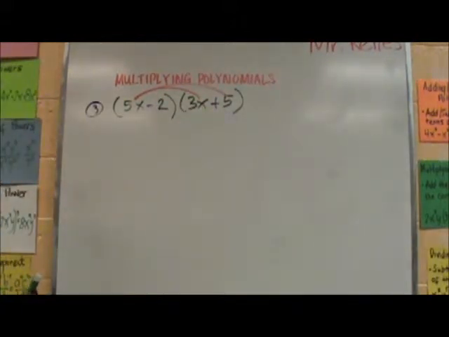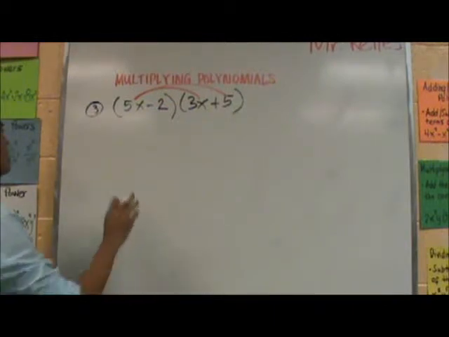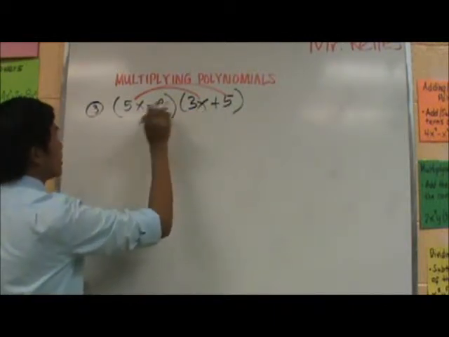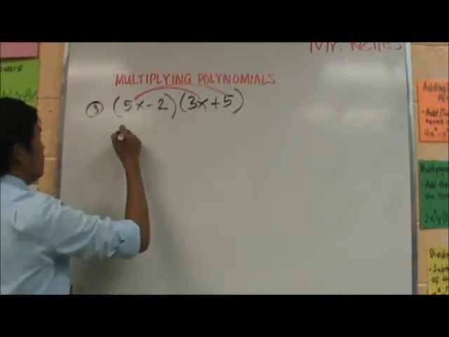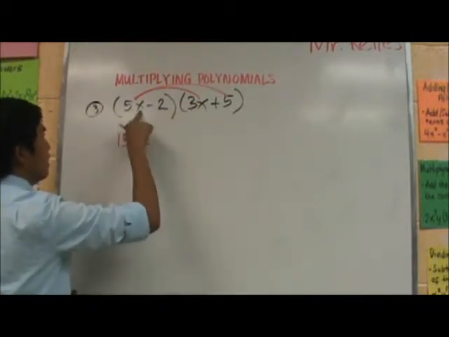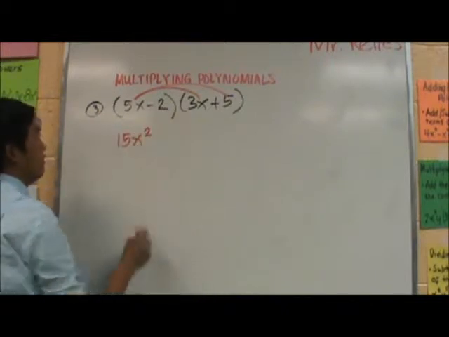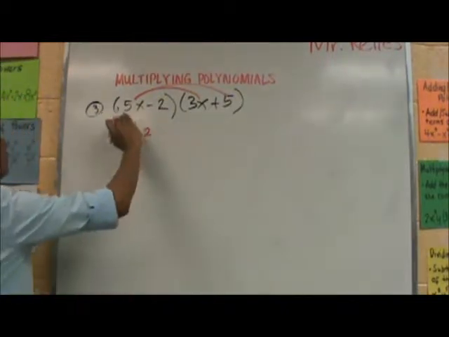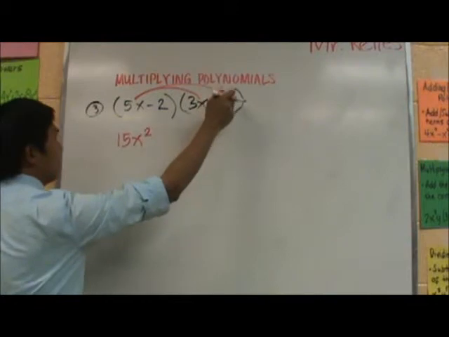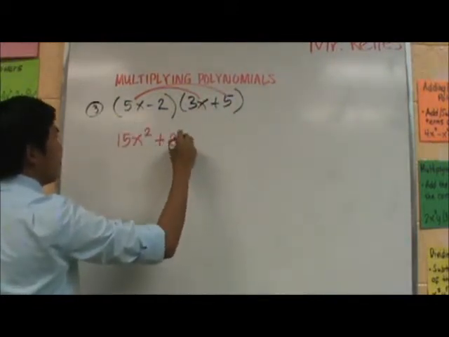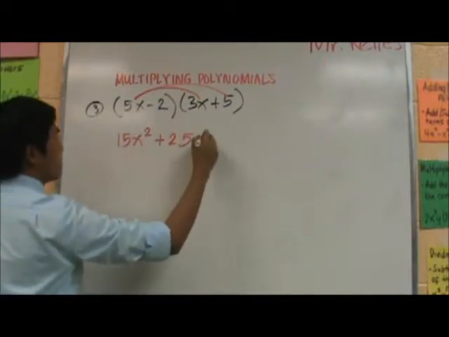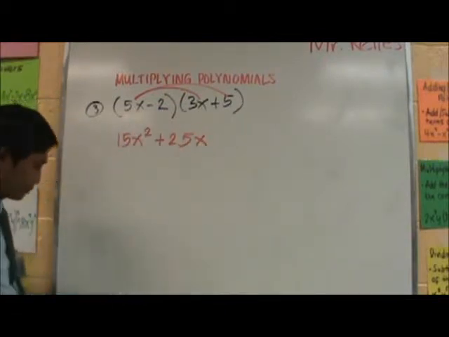So now, by multiplying 5x and 3x, the product will be 15x, again x times x is x squared, 15x squared. And now 5x times 5 is 25, but because this has x, we're just going to copy x.